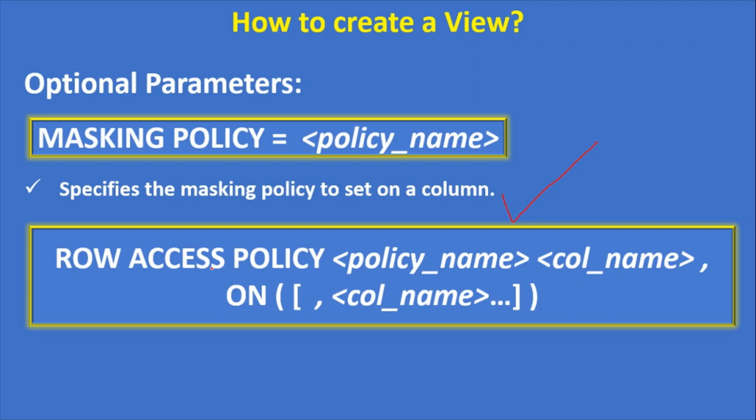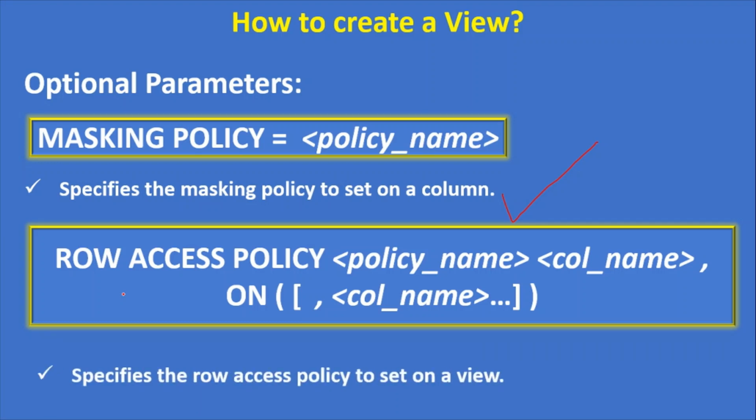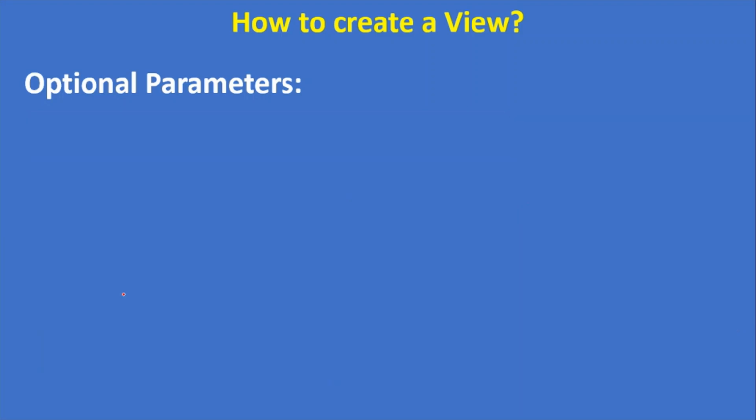Whoever has that role can see only department number 10. For the other role, department underscore 20, that person can see only the related rows of department 20. Like that, it's a kind of filter. Specify the row access policy to set on a view.